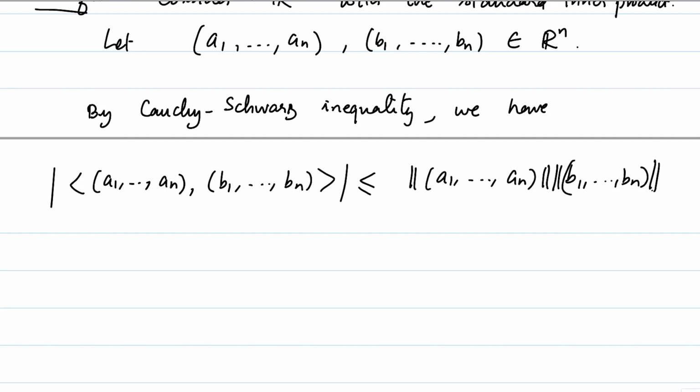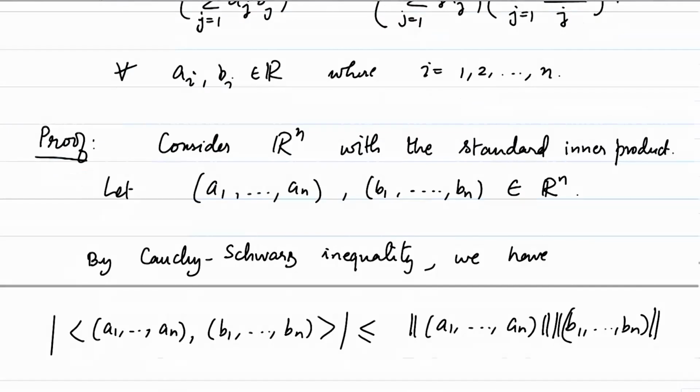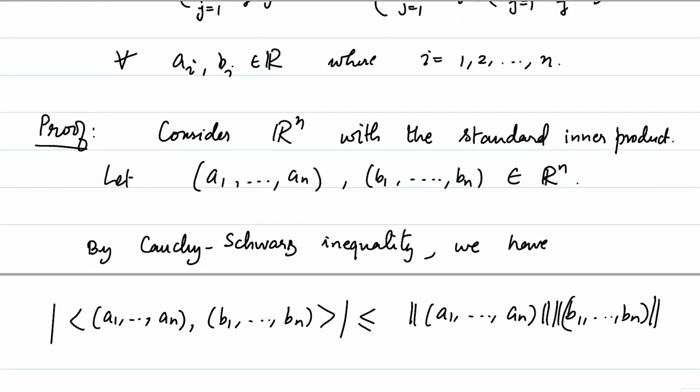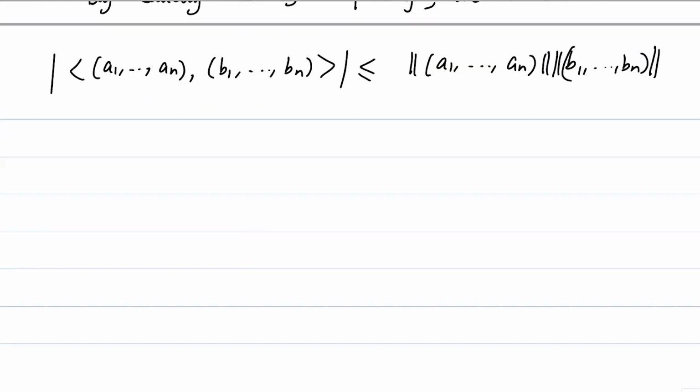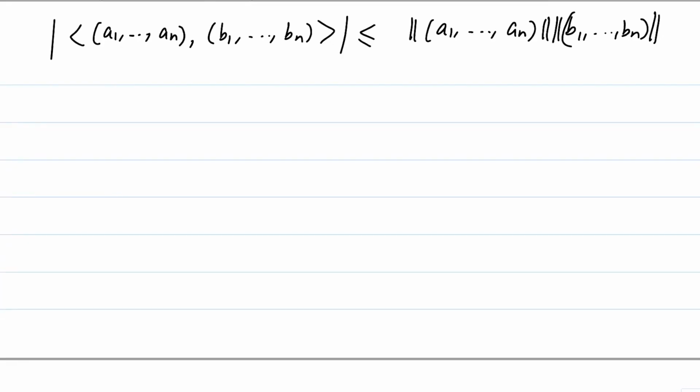But we'll do a slight tweaking here. So let's do one thing. Let's now define ai prime to be equal to the square root of i times ai.